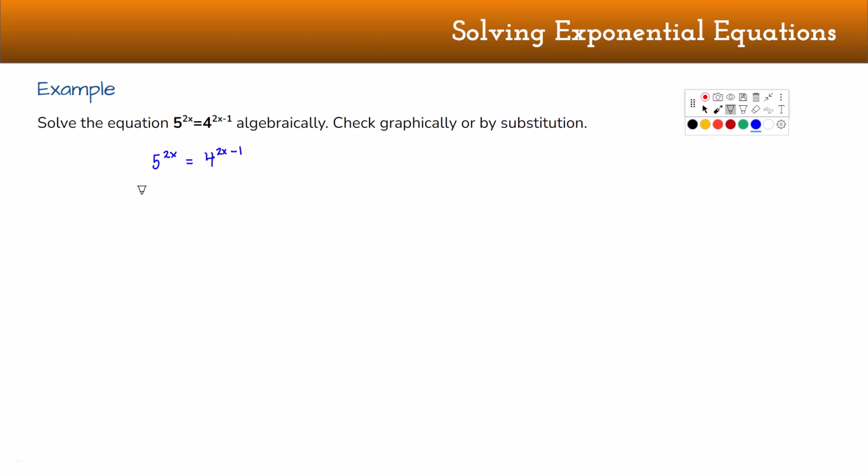Now another way we can start this is, it would be nice to take this and bring it out front, but I also can rewrite this as 4 to the 2x times 4 to the negative 1, because remember we're just going to add that, which I can rewrite as 4 to the 2x over 4, like that, where this is 5 to the 2x right here. And you're saying, why is this a big deal?